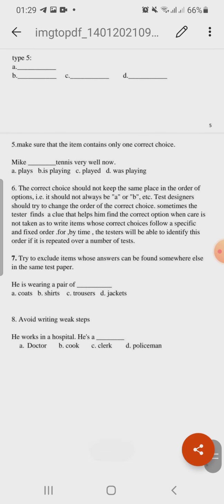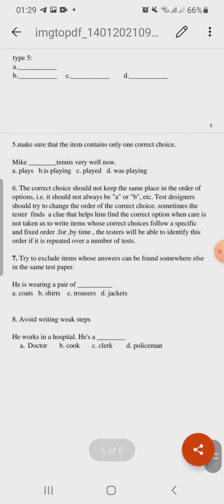Sometimes the tester finds a clue that helps him find the correct option when care is not taken to write items whose correct choices follow a specific and fixed order. For by time the testers will be able to identify this order if it's repeated over a number of tests.